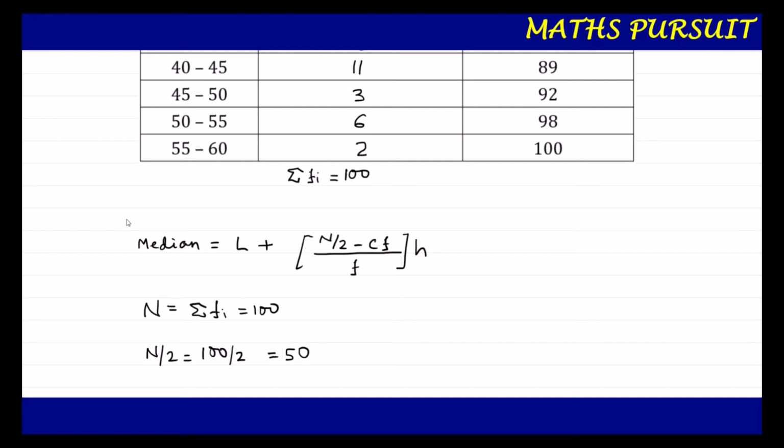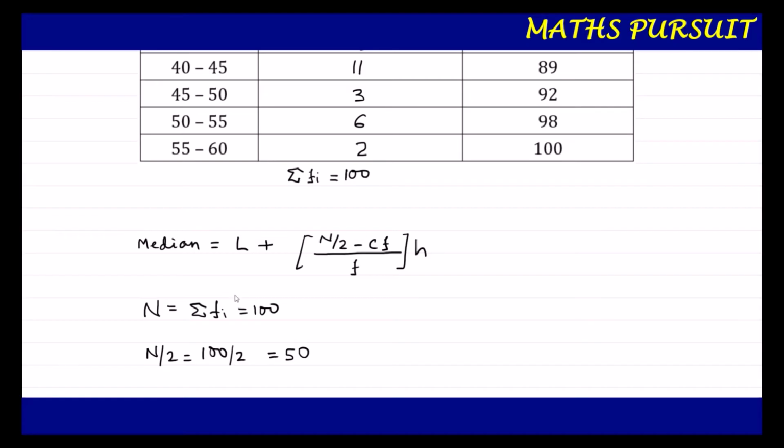Now guys, as n by 2 is 50, our median class will lie on the cumulative frequency row that is just above n by 2, that is above 50.